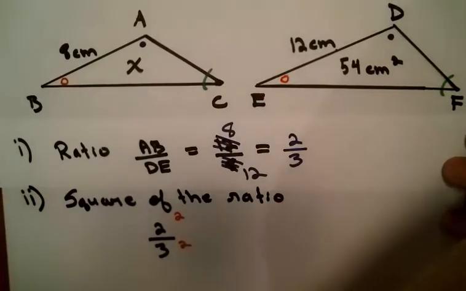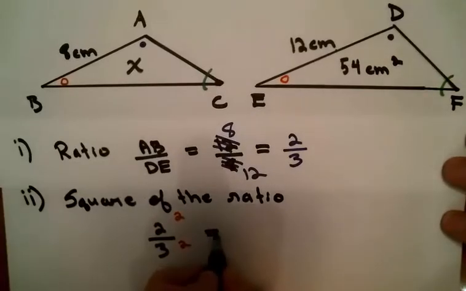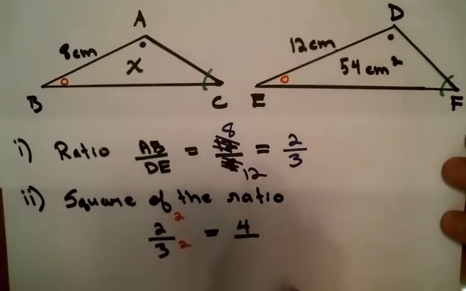And we're going to get the following. 2 squared is 4, 3 squared is 9. So that's 4/9.